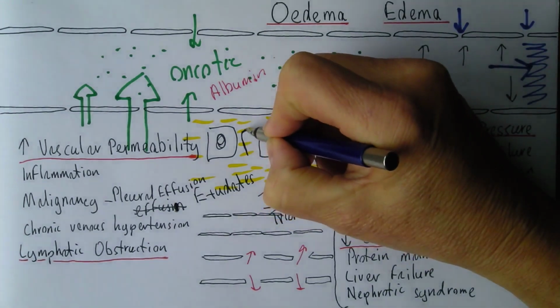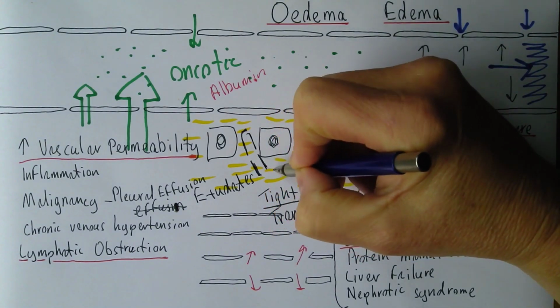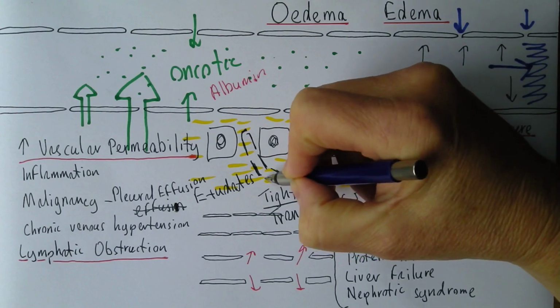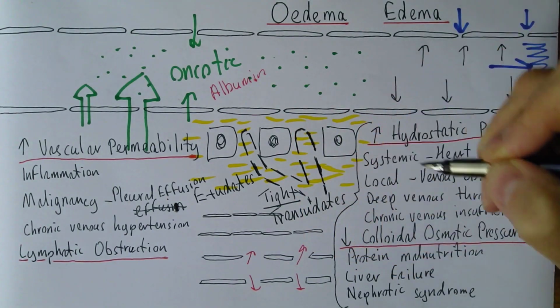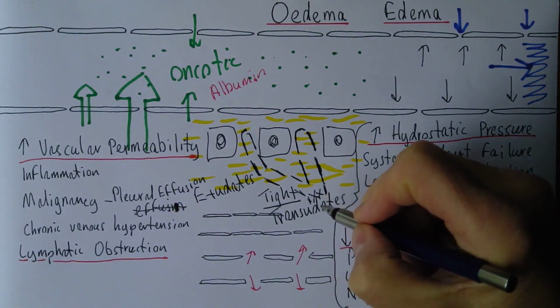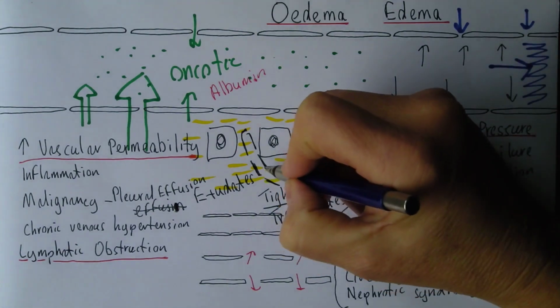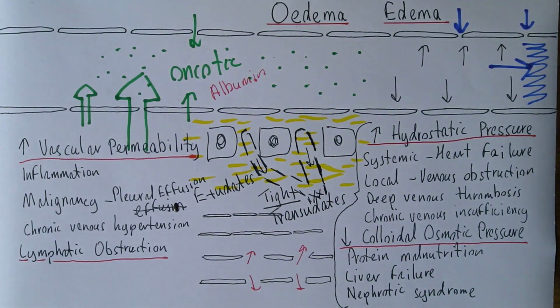So we have these blind-ended lymphatic capillaries, and they'll join up into forming larger lymphatic vessels, draining the lymphatic fluid away. Now, if these are blocked downstream, then again the fluid can't get away. So you're going to get more fluid left in the tissue spaces.